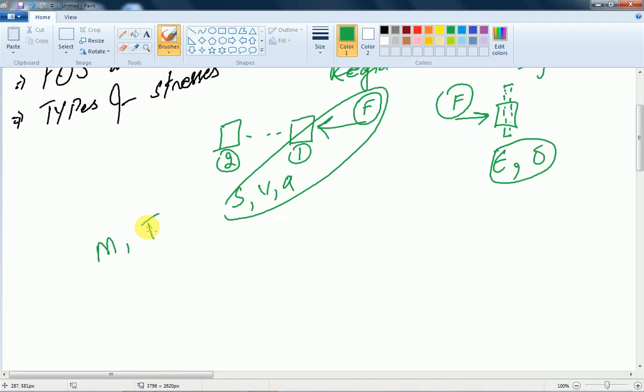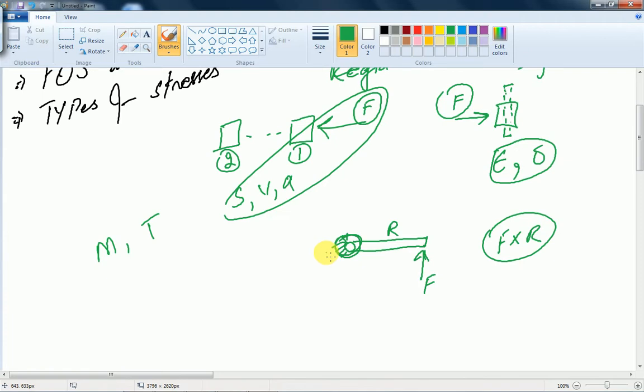For example, suppose this is the hinge and this is the door, and we are applying force here. But suppose this hinge is fixed or jammed and is not going to open. Then this force multiplied by this distance r, this overall effect, is being balanced by the internal resistance of this hinge.